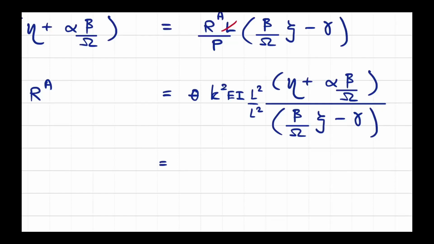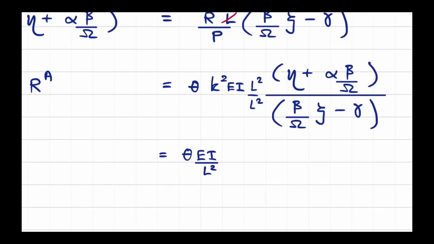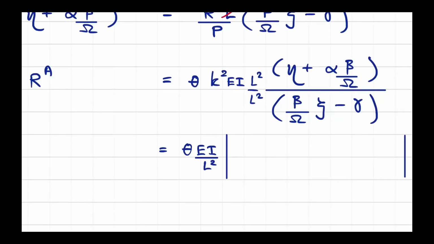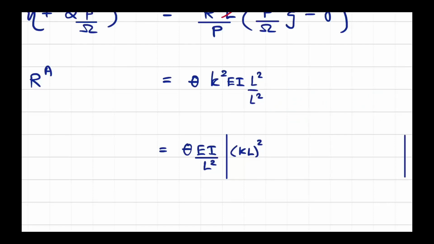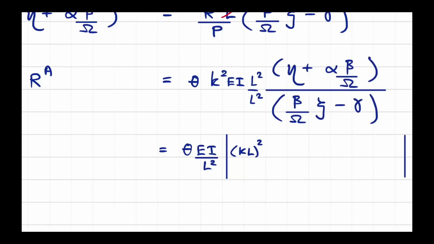So that makes the theta EI over L squared, and then the KL squared will be pushed inside the bracket, multiplied by this term. Oh, it's running out of space. We'll put it here then.